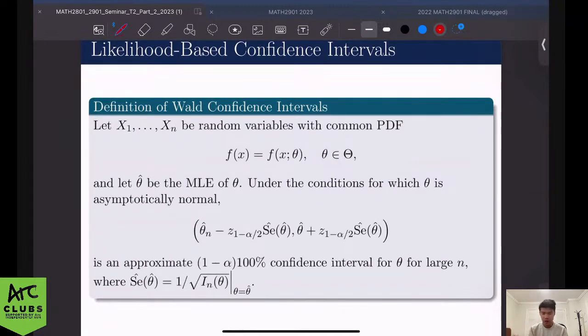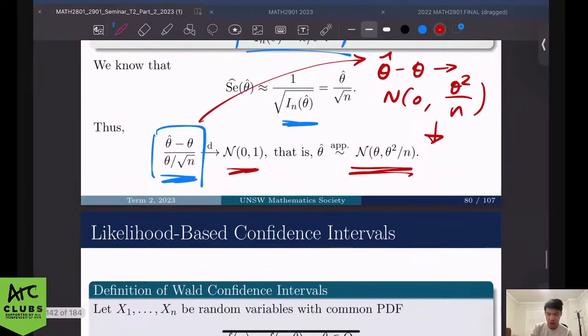You can imagine that because of the asymptotic normal property, you can use this to reduce. Remember the first step of a confidence interval is to calculate a distribution that is independent of theta. Well, you can do that over here. And so that leads to a confidence interval.